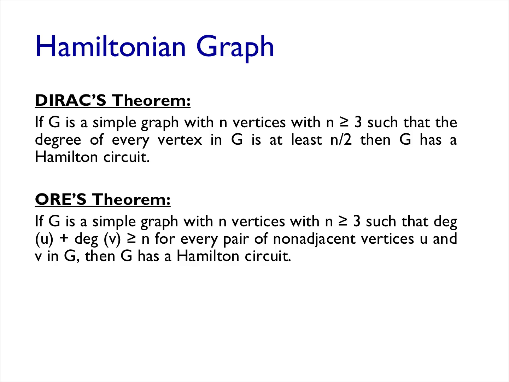So if a graph G is a simple graph, which means it's an undirected graph with number of vertices n, and n is greater than or equal to 3, so like a sizable graph, right?